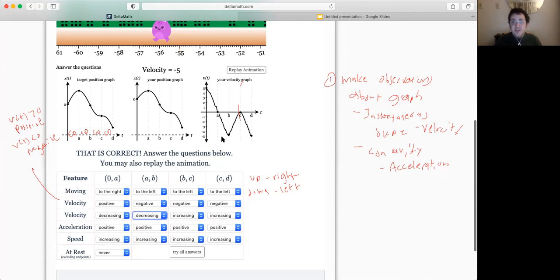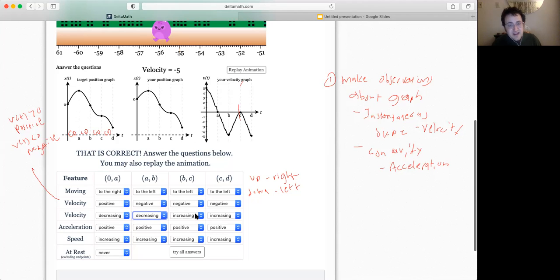Another way is that you could just look at your graph of V of t, and if it has downward slope, that means that velocity is decreasing. And if it has upward slope, that means that velocity is increasing.